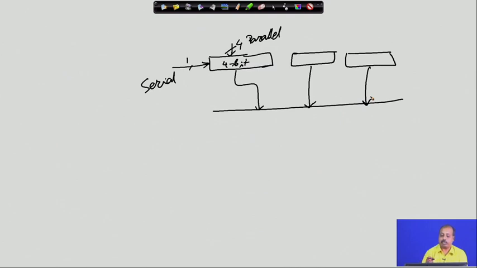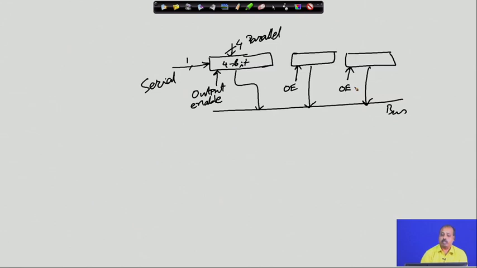For that purpose these registers should have another control, which is output enable, and only when this output enable signal is given should the output of the register be available onto the bus. This is the bus. Similarly, this one has a separate output enable line, this also has a separate output enable line, and whenever the control is given, only then should the output be available on the bus, otherwise not.